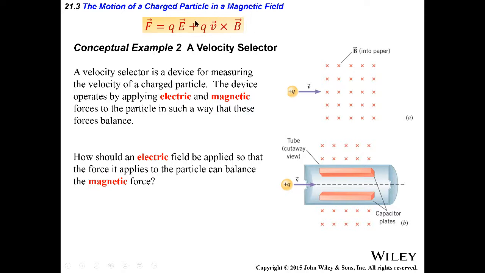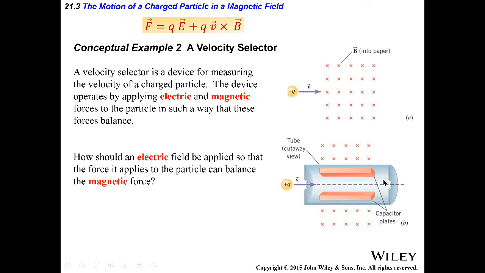Because you know that this is upward. All you have to do is make this downward and make the strength E equal to V cross B. So whatever your B field is, you already know your velocity V. You then say there's an upward force. I will now put the electric field negative of that, downward, so that the net force is 0 and my charged particle goes straight through.